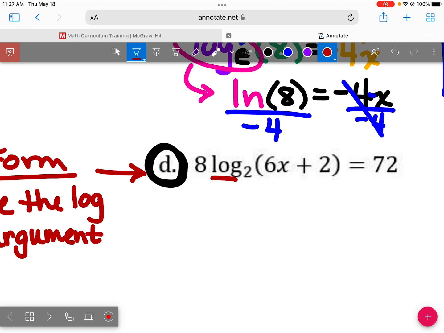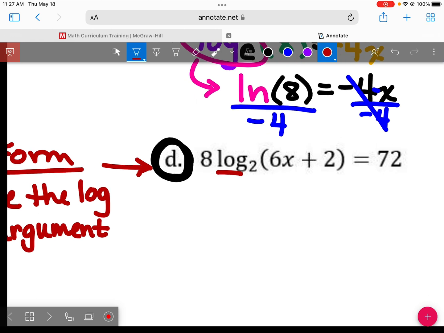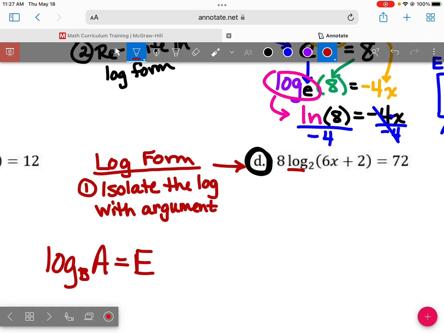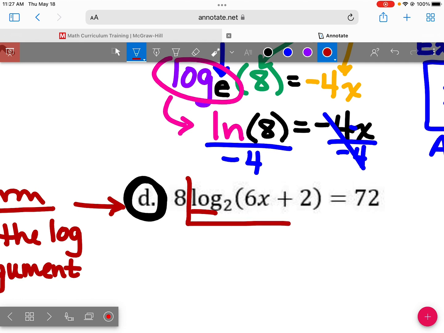So we have log base, argument, equals exponent. 6x plus 2. So this right here is what we need to isolate.